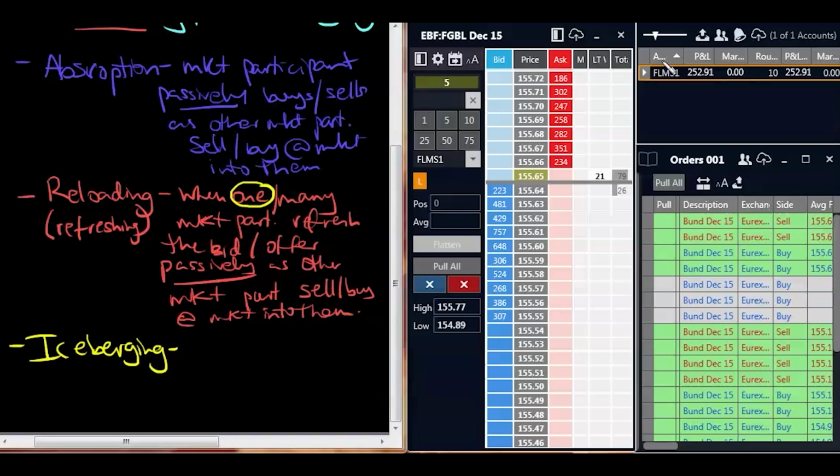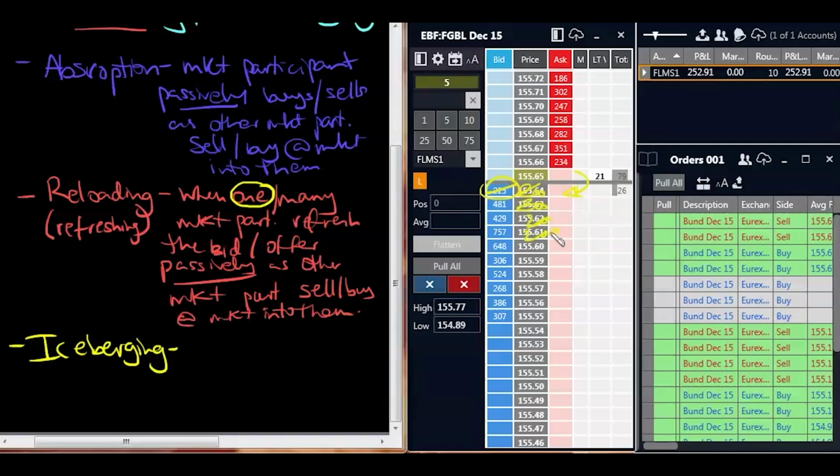If I had 2,000 contracts to buy, and someone was selling into the bid, I could split it up into 10 slices of 200 contracts. Every time someone hit the bid and took that out, I could refresh and put on another 200, and then another 200.